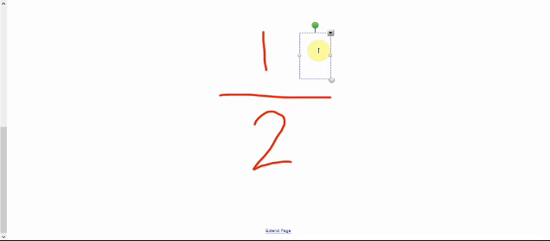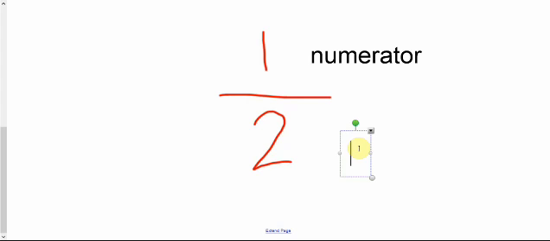If I have 1 out of 2, this one, which is the number on the top, is a numerator. The number in the top is the numerator, and the number in the bottom is the denominator.